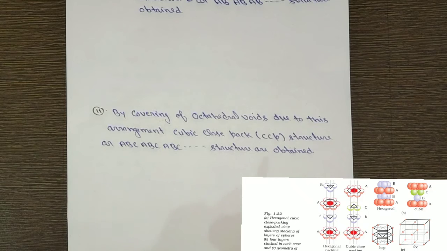Why is it called the ABC structure? Because the third layer is not aligned with the first layer as well as the second layer. Due to this, the ABC type of structure is obtained.